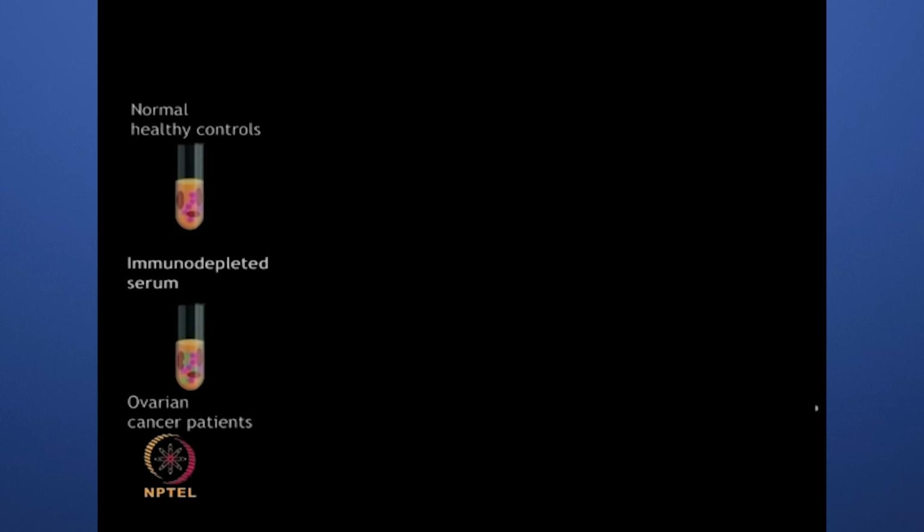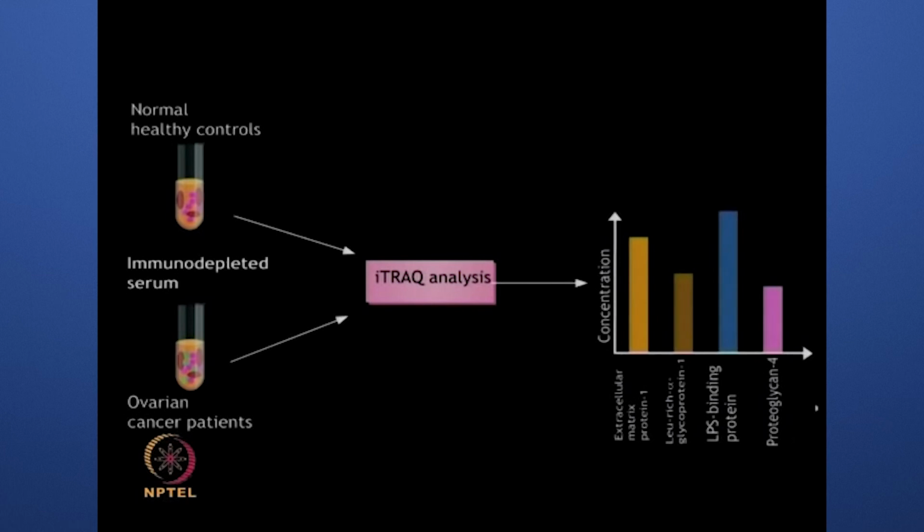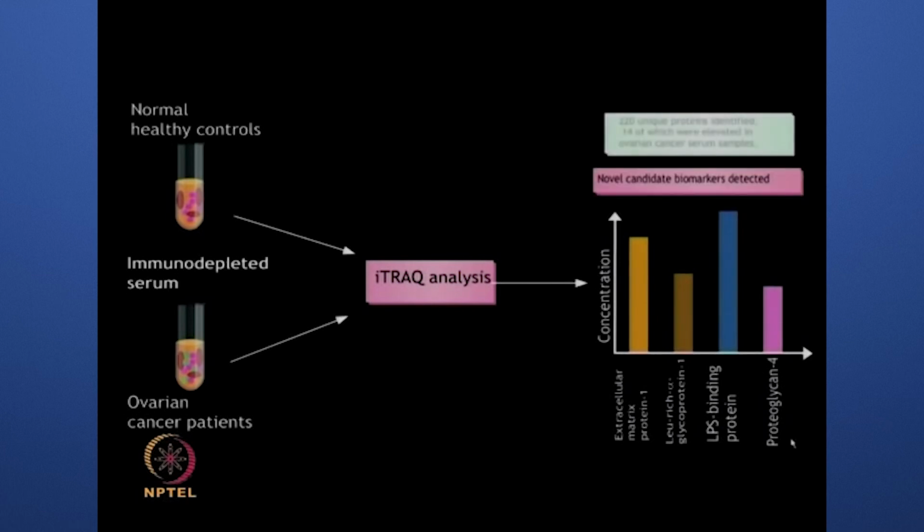The immunodepleted serum samples were then labeled with iTRAQ reagents and further analyzed by MS/MS. The authors detected a total of 220 unique proteins, of which 14 were found to be elevated in ovarian cancer serum samples as compared to the healthy controls, and 4 novel candidate biomarkers were reported for the first time.